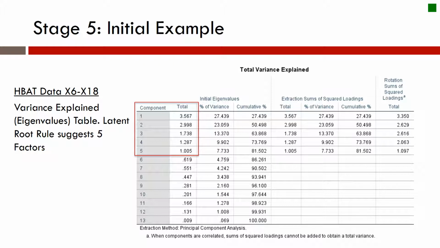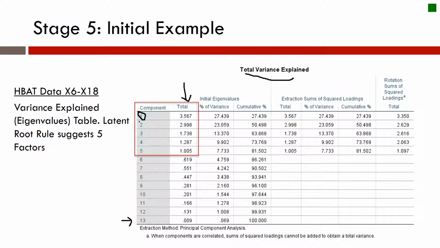I have this initial table, the total variance explained table. This first column gives us our total variance by factors. So this is factor 1, 2, 3, 4, 5. We have a proposed factor for each variable, or for the number of variables we have.